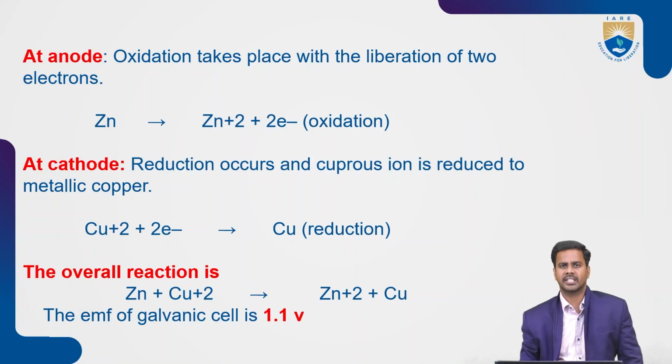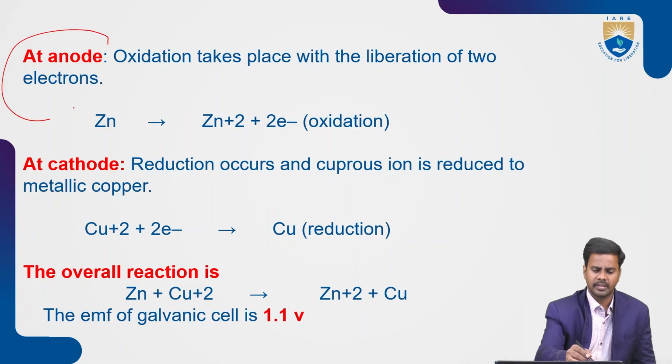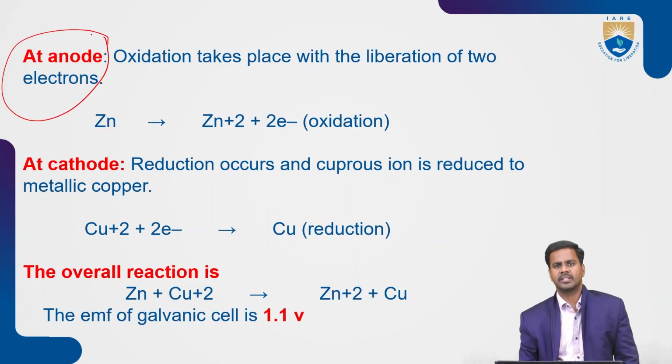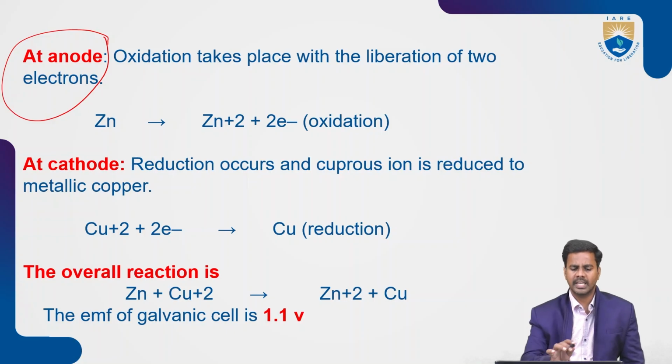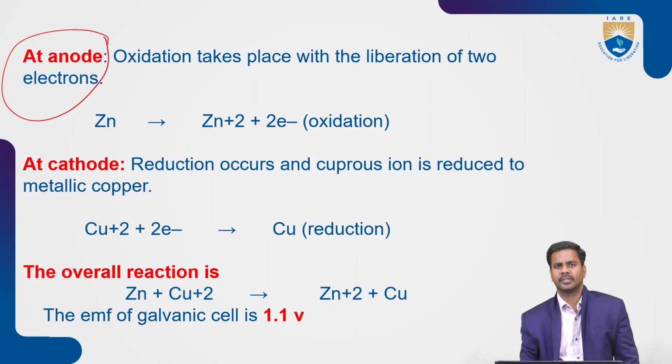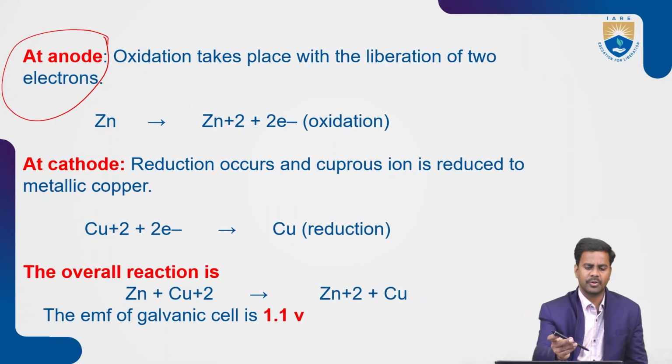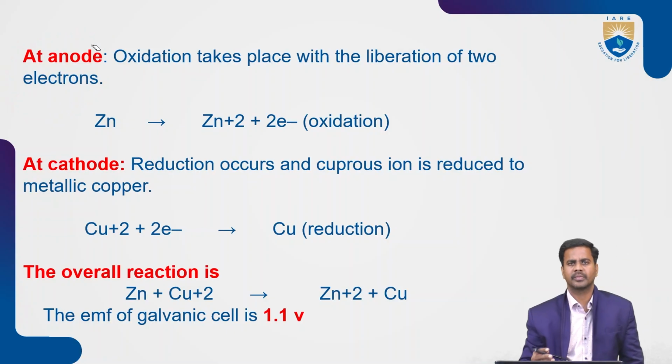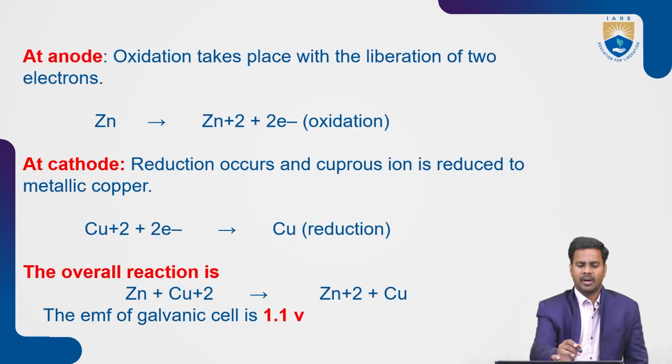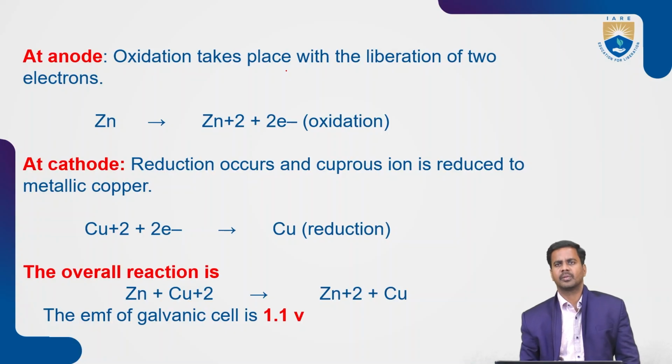Let us see the reactions that take place in the electrochemical cell. At the anode, that is the anodic compartment, an oxidation reaction takes place. In the Daniell cell, what is the anode? Zinc acts as the anode and copper acts as the cathode. Oxidation takes place by the liberation of two electrons from zinc.